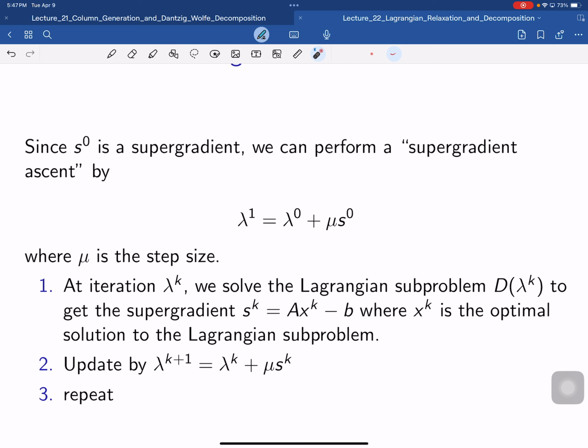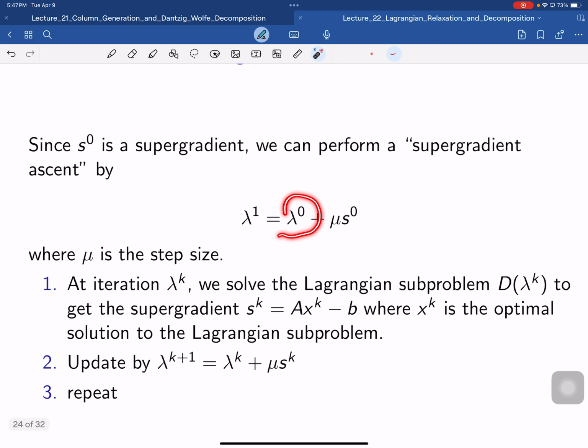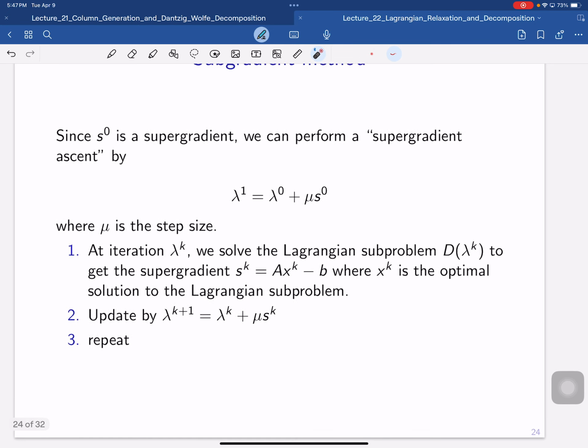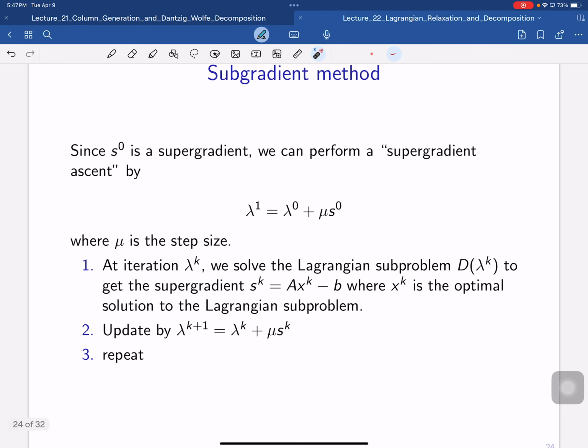We already showed that at a given point lambda naught, you can calculate the supergradient. Then you use the step size mu to search along the direction s naught, which is kind of like an ascent direction. So what you do in the subgradient method is the following. At a given iteration lambda k, you solve the Lagrangian subproblem d(lambda k) to get the solution x k.